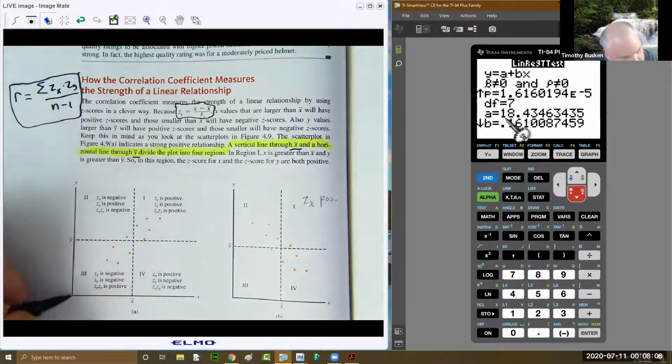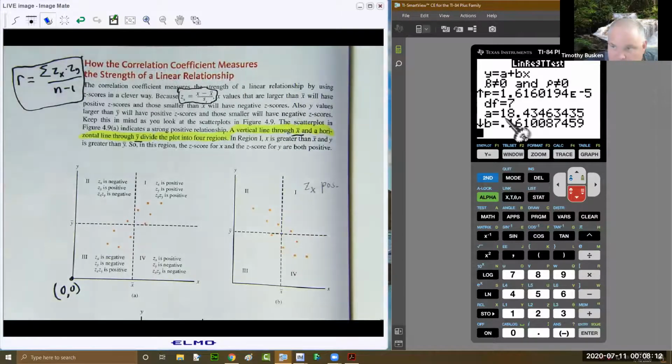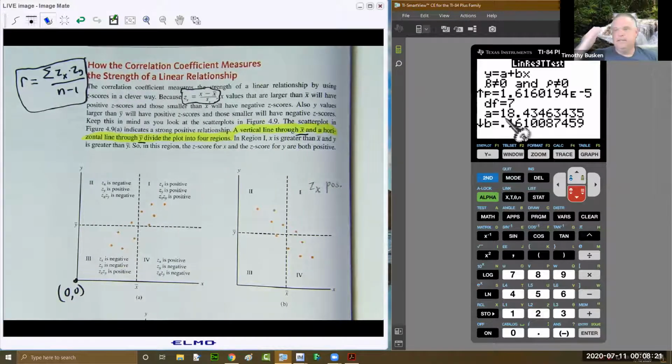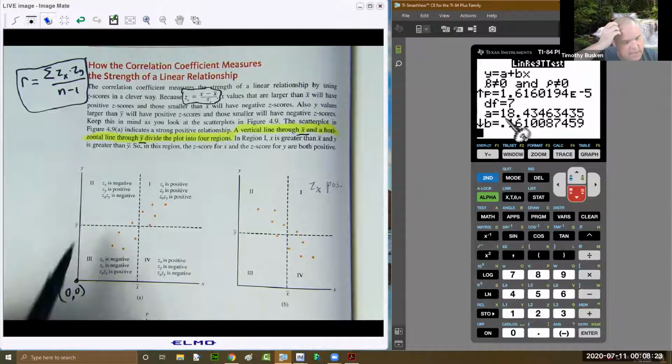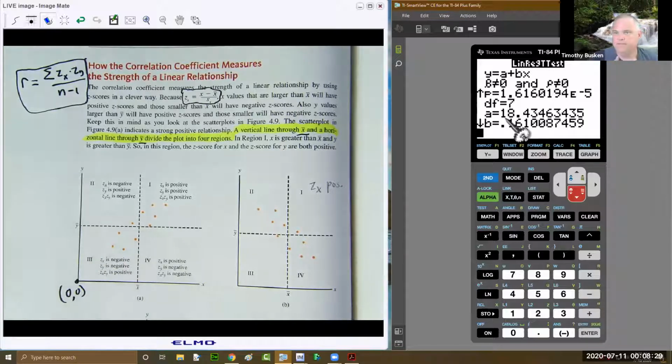So yes, the origin, 0, 0, is right there. This diagram is a first quadrant graph of the coordinate plane for x and y. And they also put in these dotted lines, the vertical and horizontal line that locates along the x-axis and the y-axis the values of the averages of the x and y data.